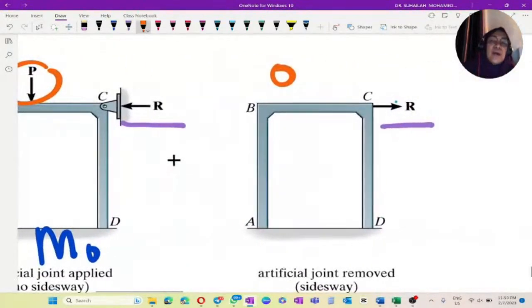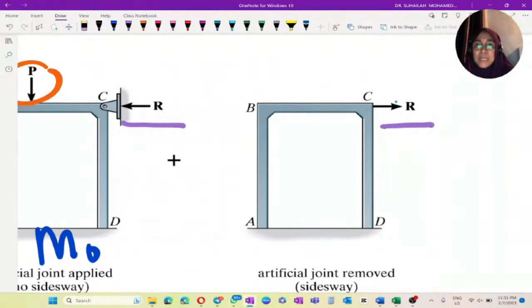So that is why we have the diagram due to side sway only, and the frame is subjected to R in the opposite condition. One is negative R for the properly restrained frame, table number 1, and another one is positive R. This is the side sway frame.